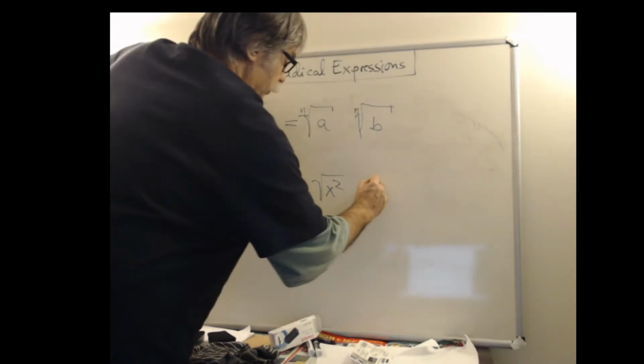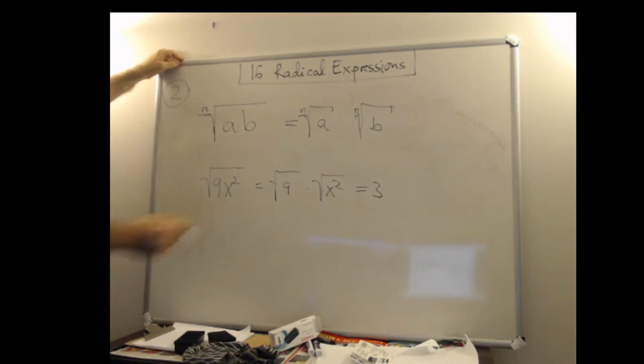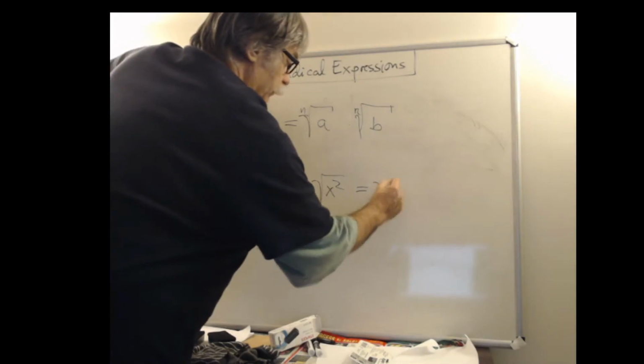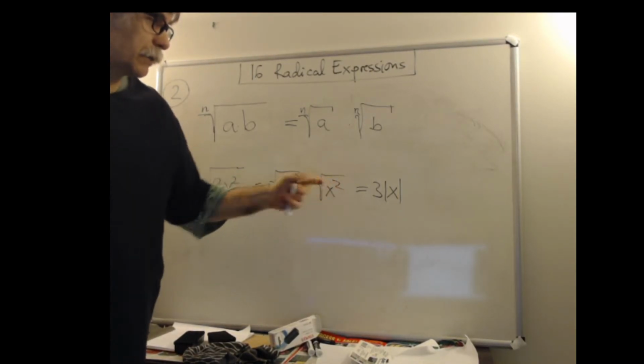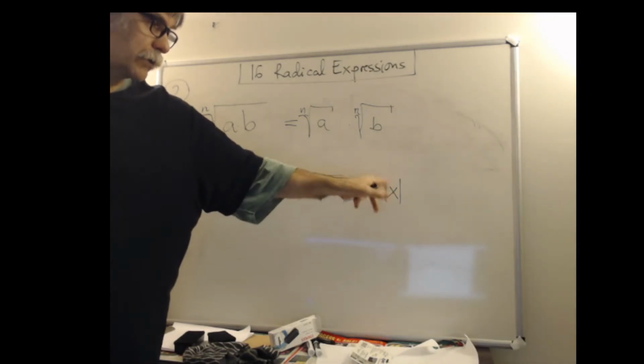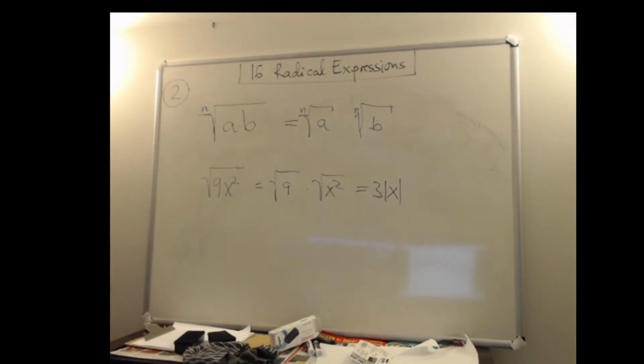Radical of 9 of course is 3, and radical of x squared is x with the absolute value, again because you cannot have this negative. So if x is negative, make sure that you put an absolute value so you don't get it negative. You keep the same absolute value, but the sign cannot be negative. So that's the application of this rule.